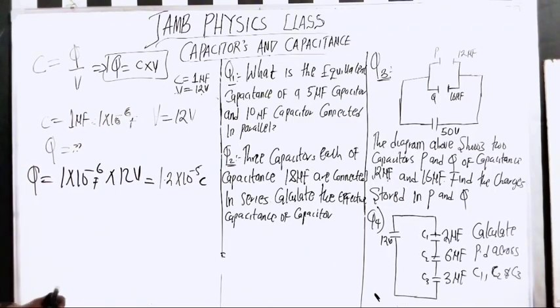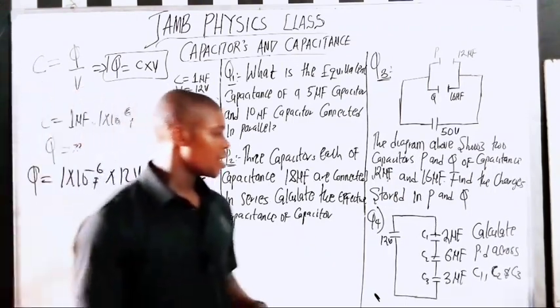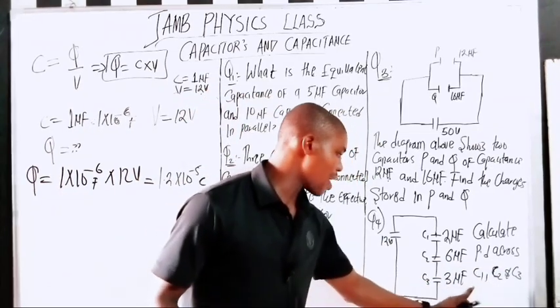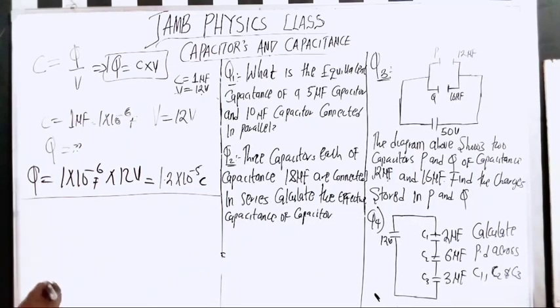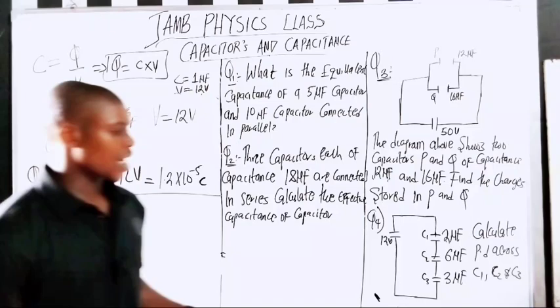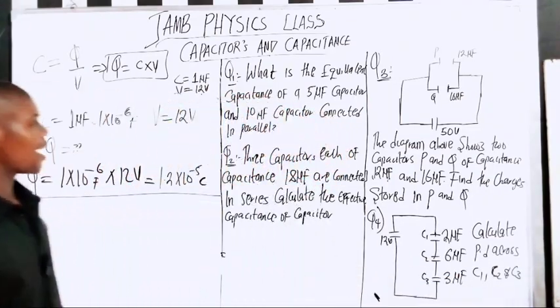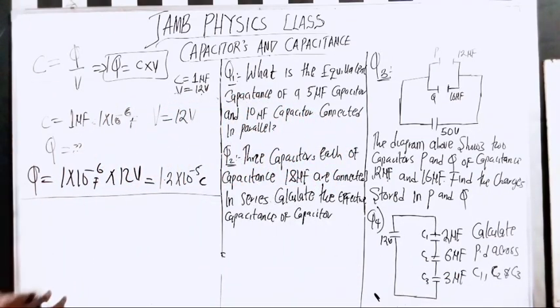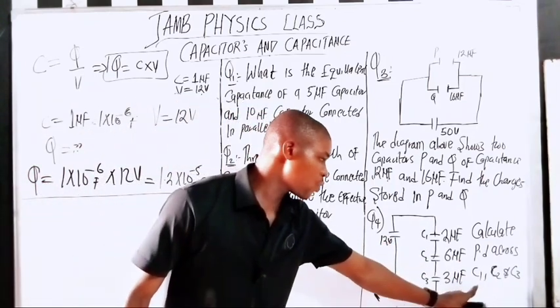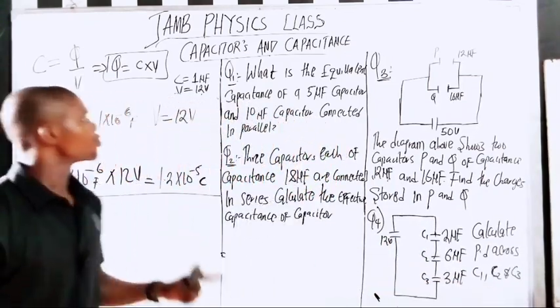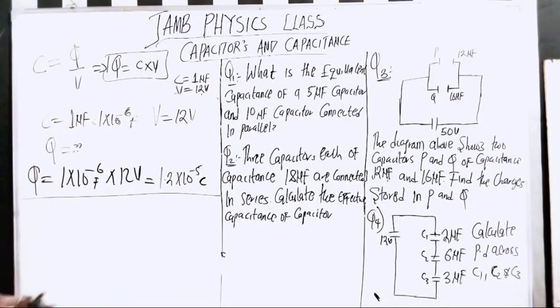Now remember, they say I should calculate the potential difference across C1, C2, and C3. So the potential difference across C1 and C2 is very easy. Let's make V the subject of the formula.